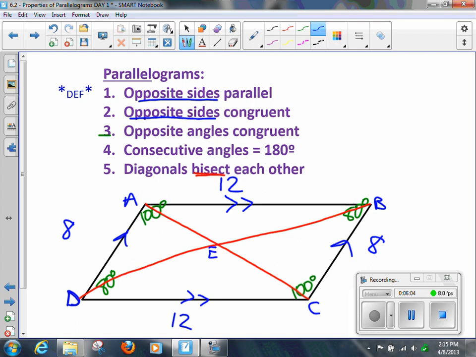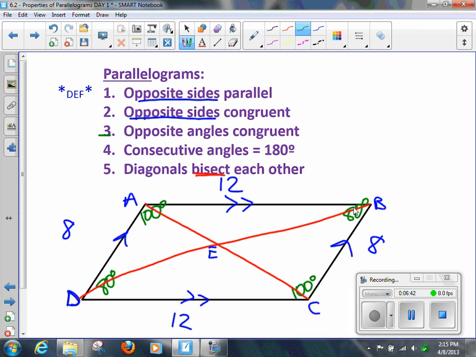You with me? The diagonals bisect each other. Now that I have drawn two diagonals, Carson, what can I do to my diagonals? Because you guys know I'm a picture person. I've got to see the picture marked up. How can I mark up this picture? Tick marks. So be more specific. Who would be congruent to who? If the diagonals bisect each other, bi means two, so it's intersecting at two congruent pieces.